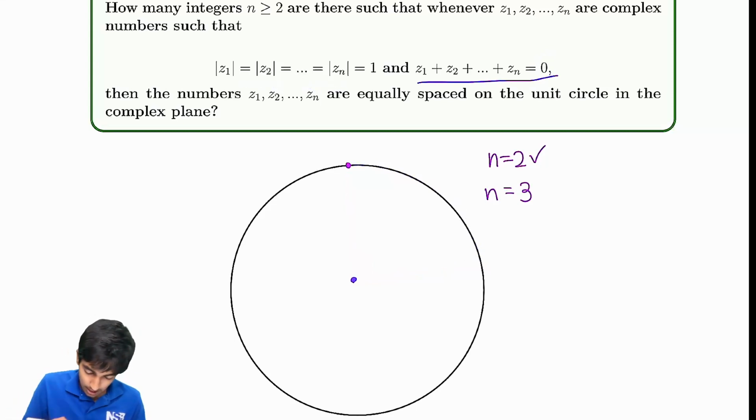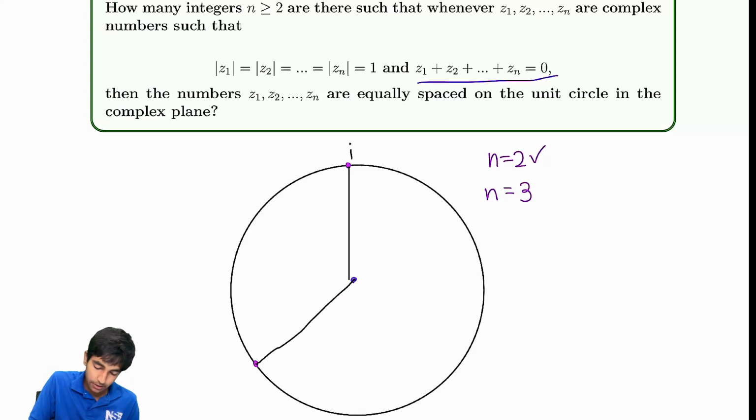So now, let's say our other complex number was here. Let's look at this individually. Let's call this point I. Now what must be true about each of these complex numbers?